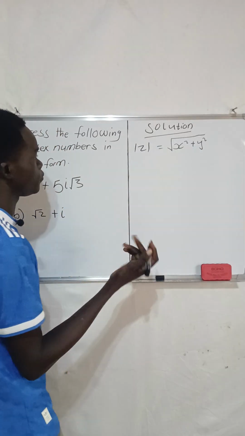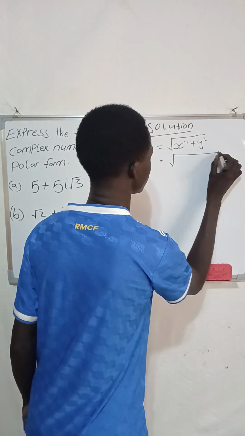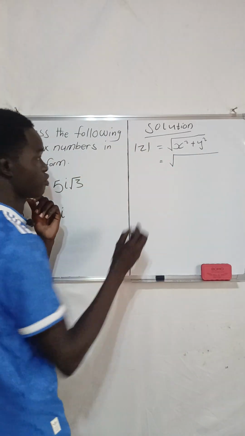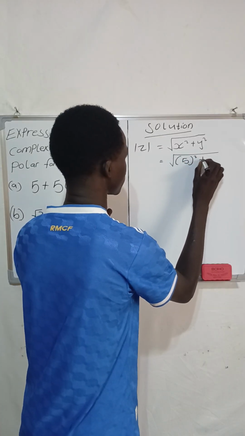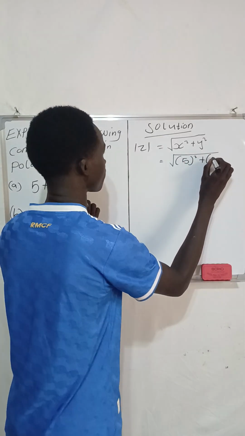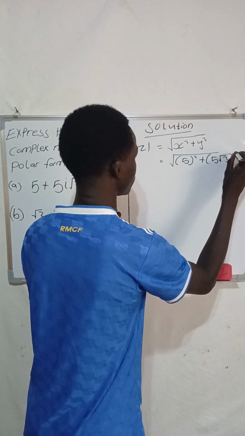Here we have the root of 5 squared plus 5 root 3 squared.